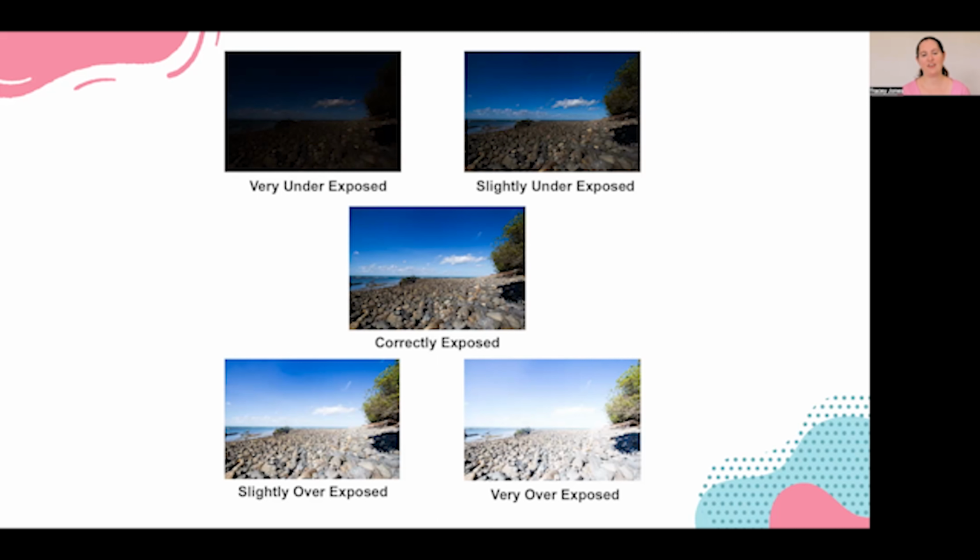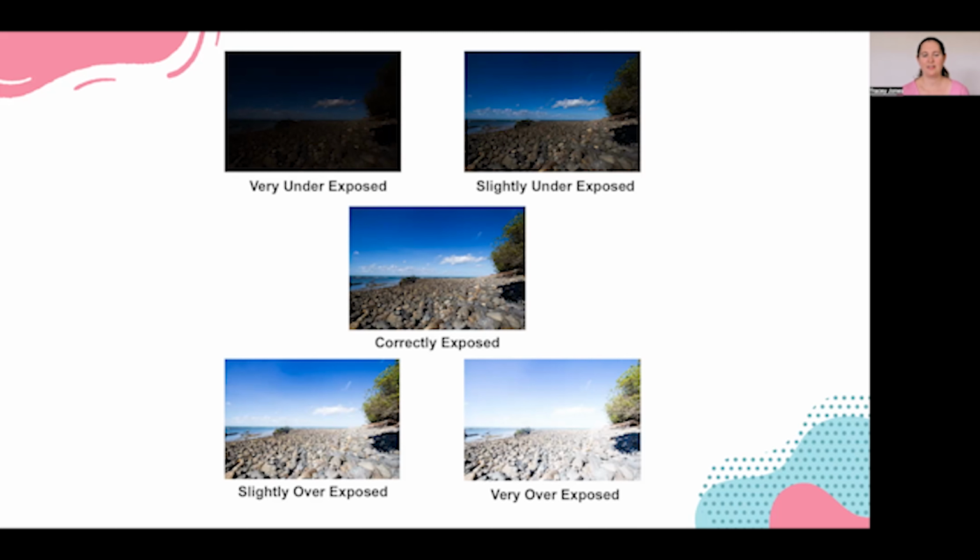The middle image here, the correctly exposed one, you can see everything is actually looking pretty good. You can clearly see what the picture is of. You can see a bit more detail in the shadow areas, a bit of detail in the highlights as well. Then we move to the slightly overexposed image. You're starting to lose some of that detail up in the sky, especially around the horizon line near where the clouds are.